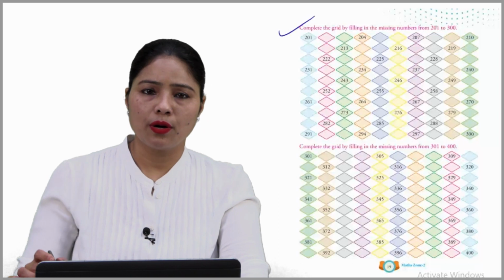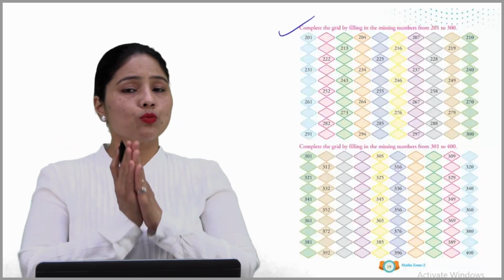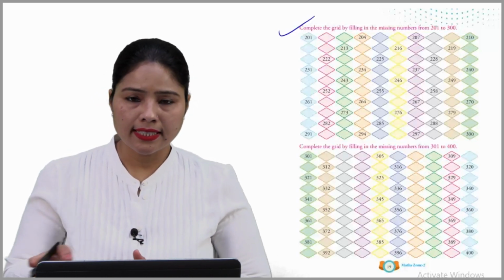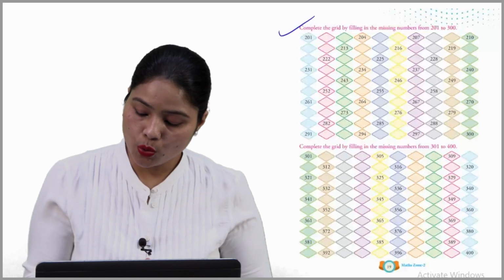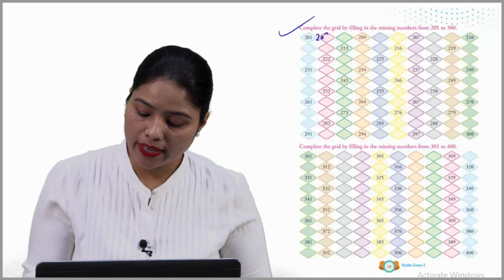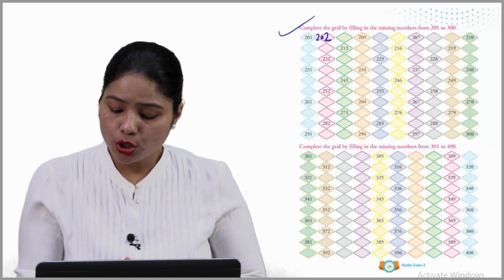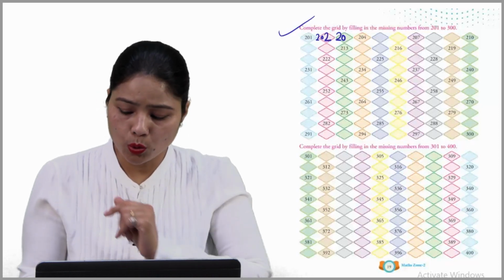Okay, so now complete the grid by filling in the missing numbers from 201 to 300. Okay beta, so these are the grid given over here. So let's start with that. After 201, write 202. Okay, this is how we have to write. First 2, then 0, then 202 के बाद 203.